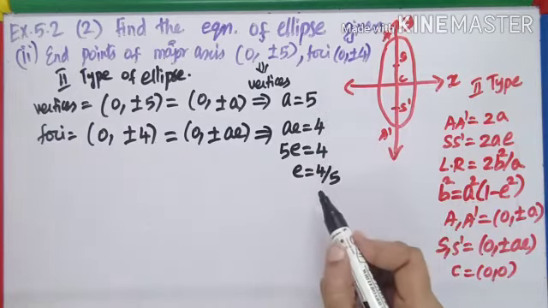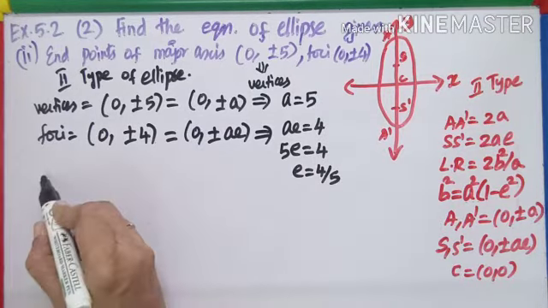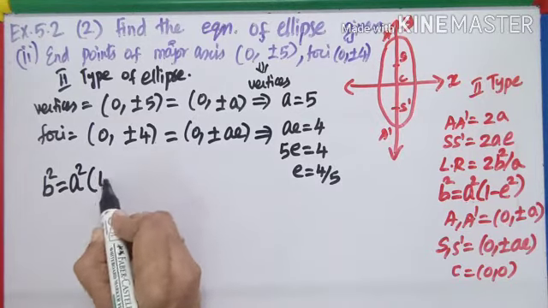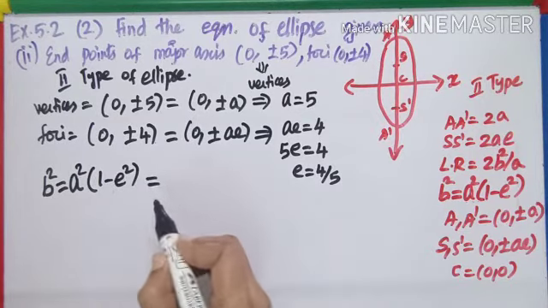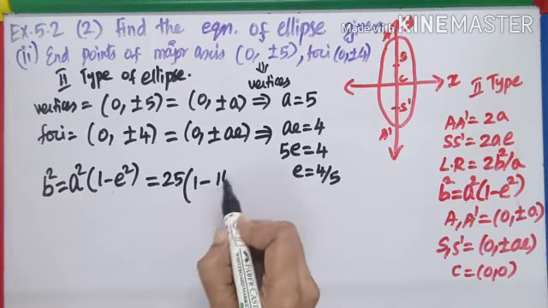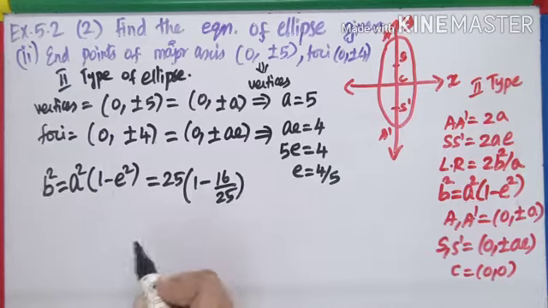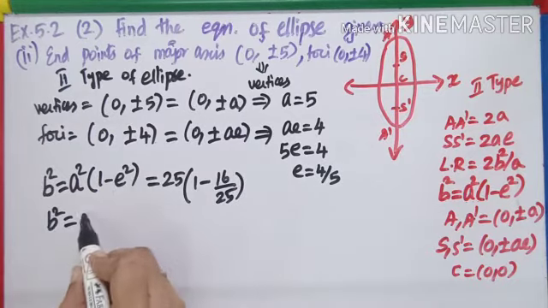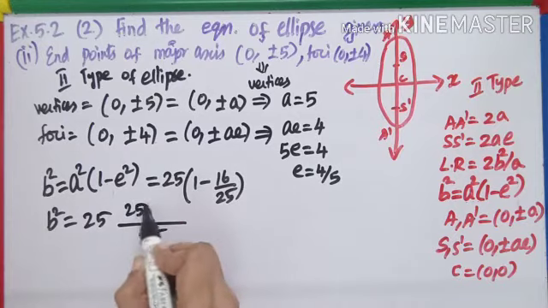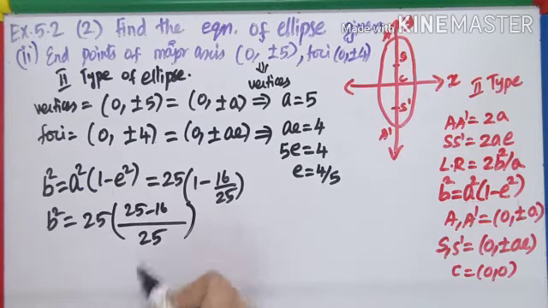Once I know A and E, my immediate step is to find B square, which is A square into 1 minus E square, or it is 25 into 1 minus E square is 16 by 25. Simplifying by taking LCM, it is 25 minus 16. 25 I can cancel. My answer is 9.